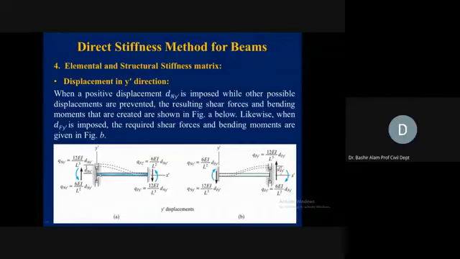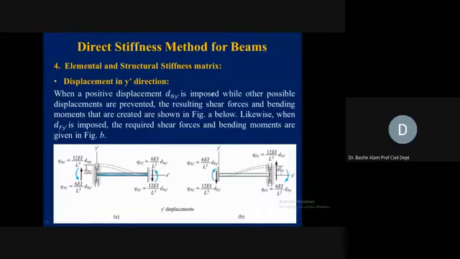As our positive direction is up along the Y prime, we slide this in the upward direction. In the case of the stiffness coefficient matrix, we give a unit displacement, and the corresponding member end actions become the stiffness coefficient values.